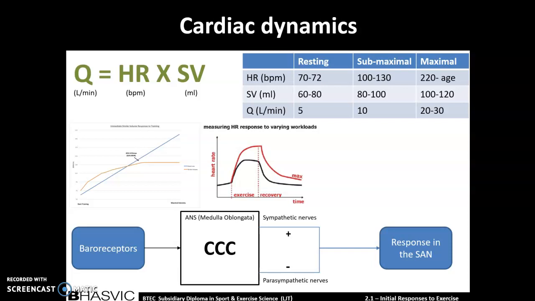They would also cause vasoconstriction in the blood vessels to try increase blood pressure. And then obviously if there was a normal blood pressure, there would be no response, as that is the blood pressure the body wants.